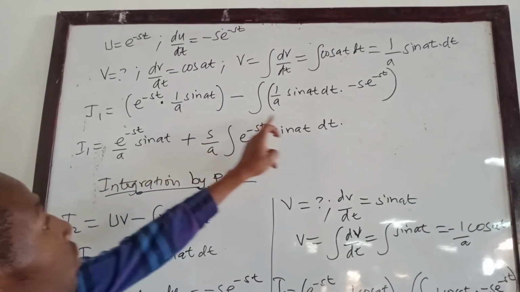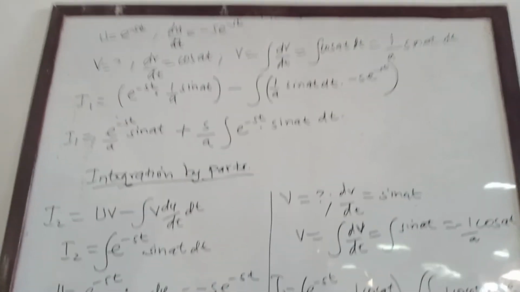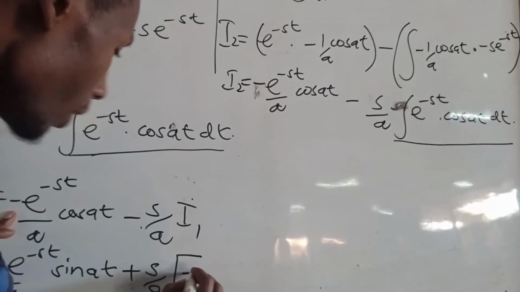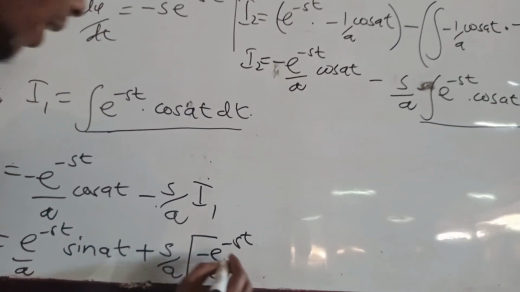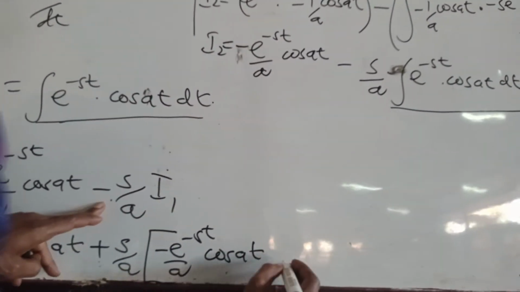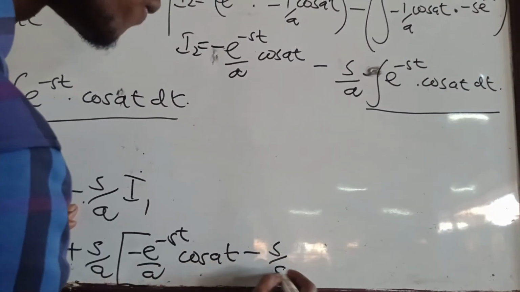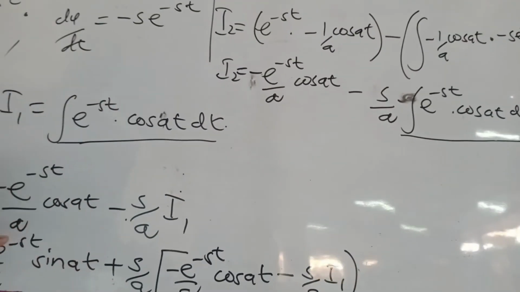Remember, this one is what we integrated, so we open a box bracket for I2, which is minus e minus st over a cos at minus s over a I1. Hope you are together until there.